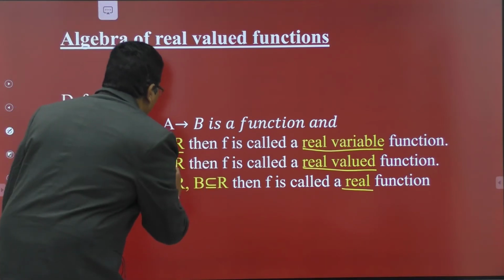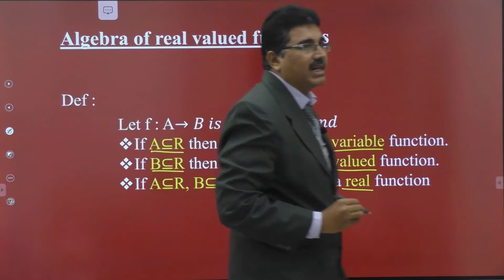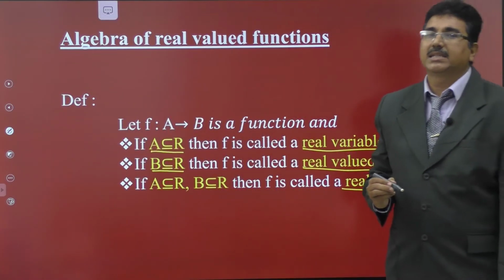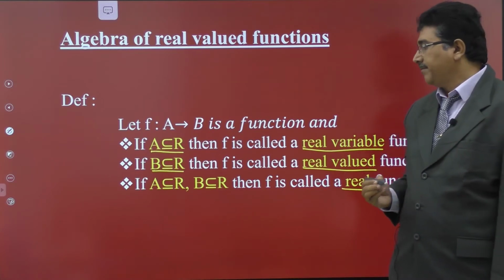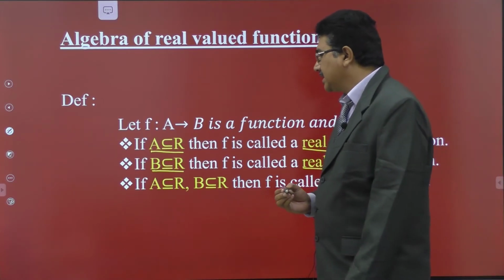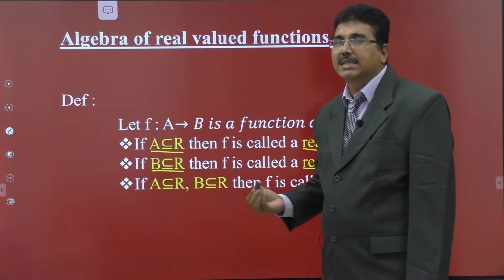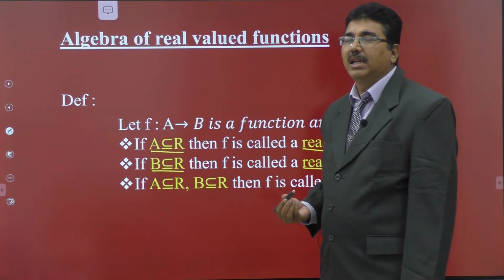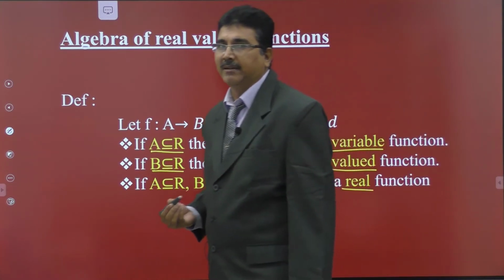Now, if B is a subset of R, that is, the codomain is a subset of R, then f is called a real valued function. In the third case, both domain and codomain are subsets of R. In this case, f is called a real function.